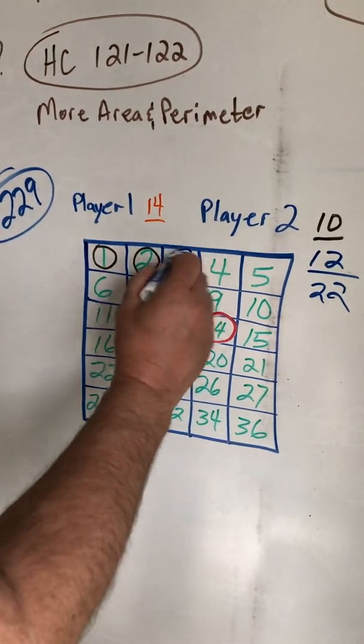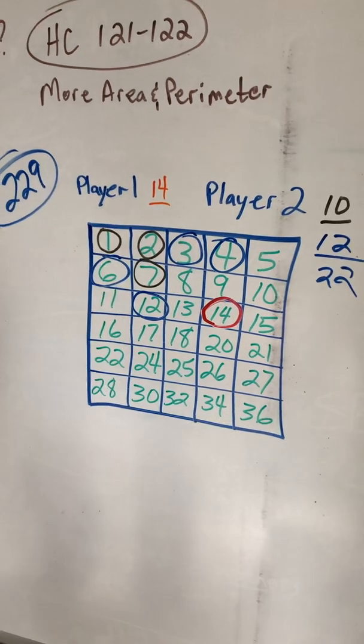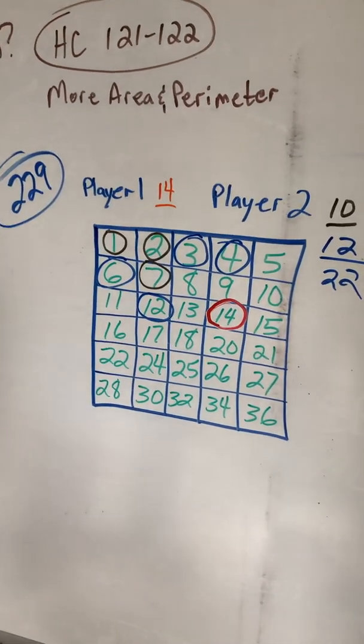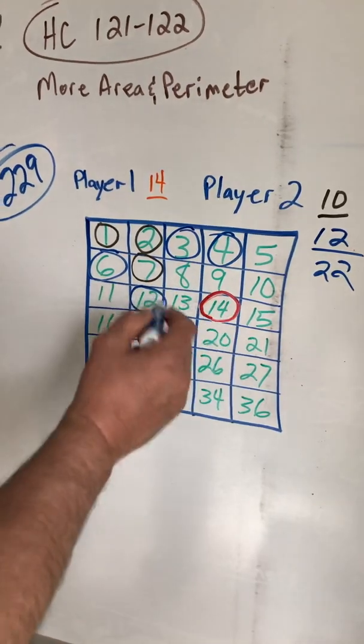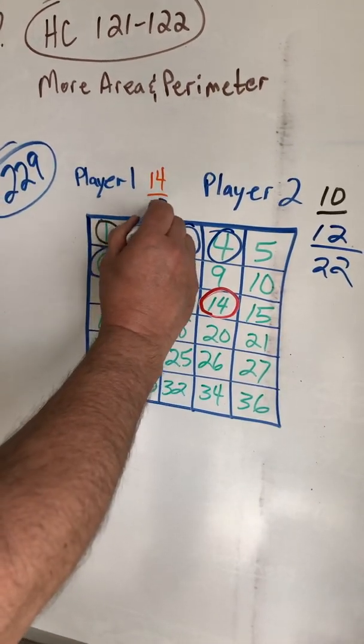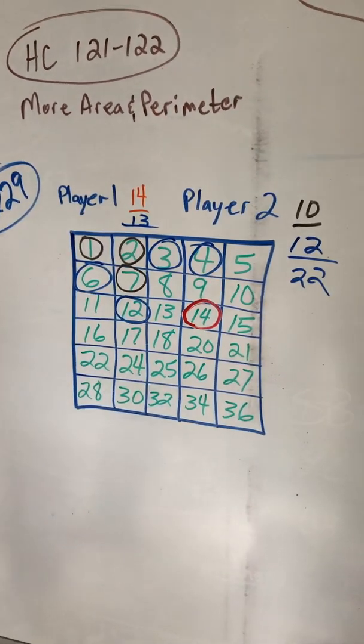So they might do 3, 4, and 6 because 2 and 1 are already used, okay? So we add up, player 1 adds a 13 to theirs and they're at 27. So it's now 27, 22.